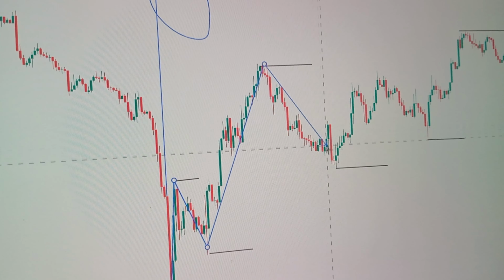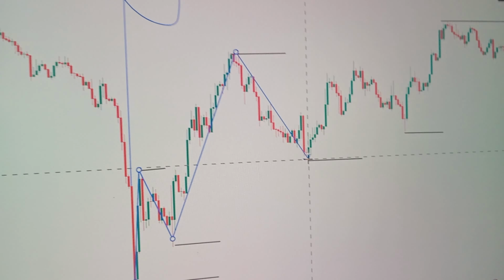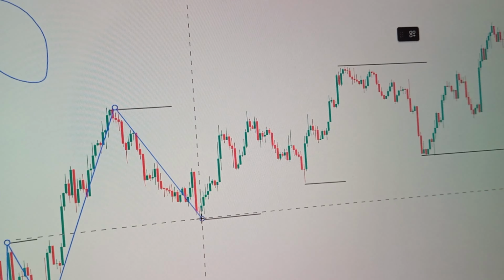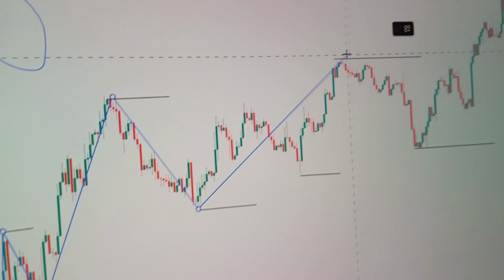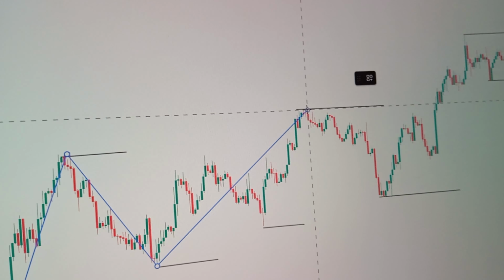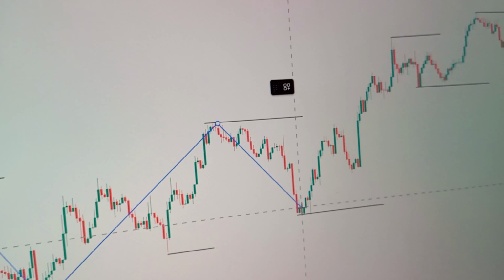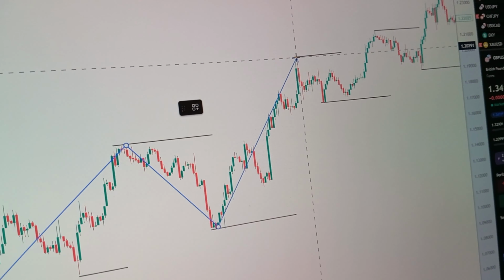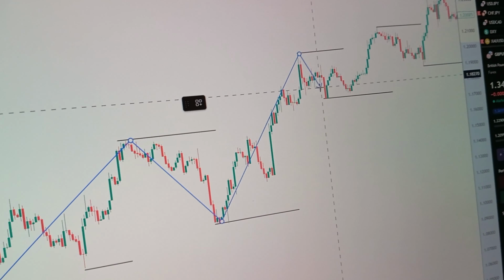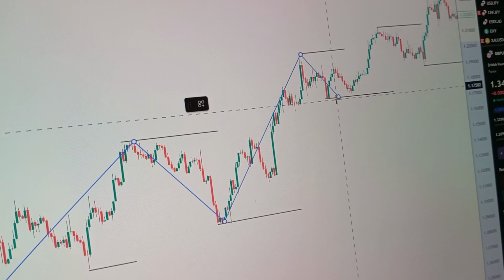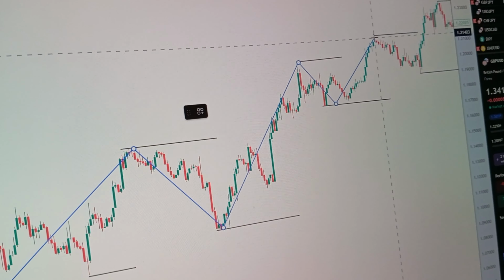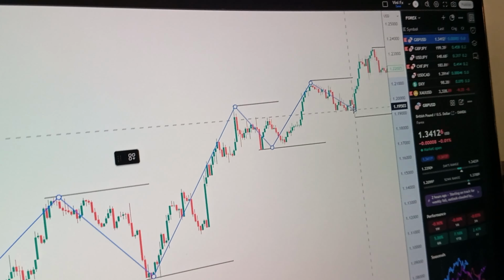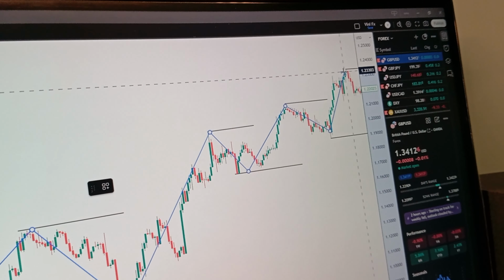And from here down to here is a correctional movement. And from here way up to this spot is an impulsive movement. And from here down to here is correctional. And from here up to here is impulsive again, and here down to here is correctional. And here is impulsive, and here is correctional. And here is impulsive. And it continues.